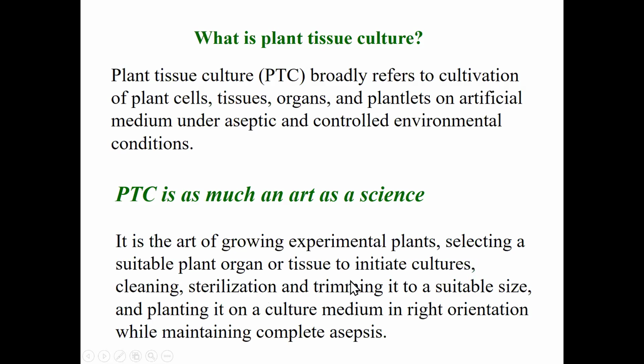Cleaning, sterilization, and trimming to a suitable size are the major steps, and then planting it on a culture medium containing nutrients for the growth of the plant material. And obviously, you maintain the light and other environmental factors.